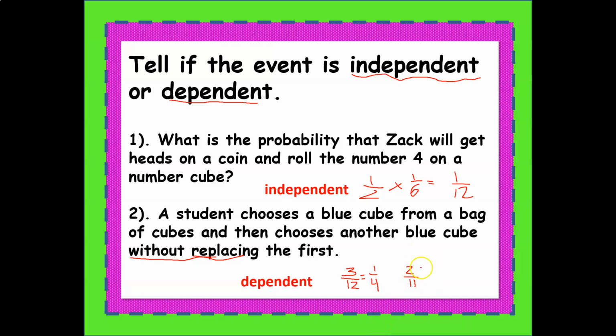So our second probability of drawing a blue cube would be 2/11. So that changes the probability from the first time. So we take 1 times 2 is 2, and 4 times 11 is 44. So we have a probability of 1/22 of drawing 2 blue cubes in a row without replacement.